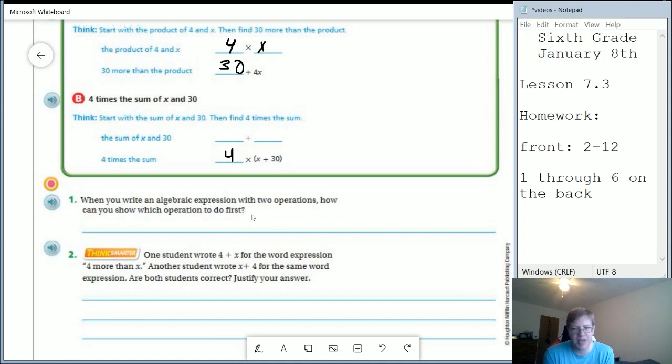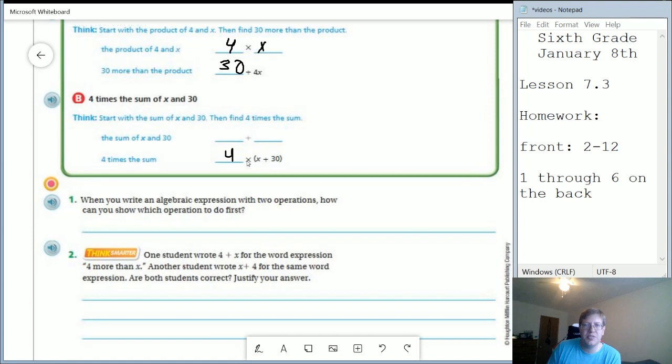And you could even think about the example that we just did as an example of one of the things that we could do. All right, so if we are doing something with multiplication, but we want to do the addition part first, we need to put it in parentheses because multiplication always comes before addition.